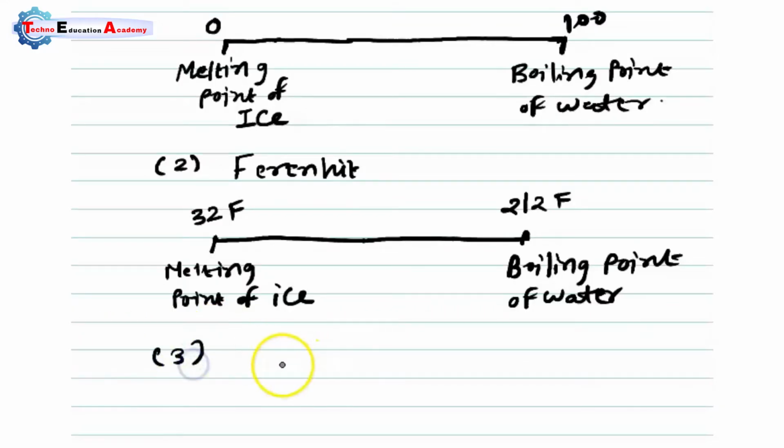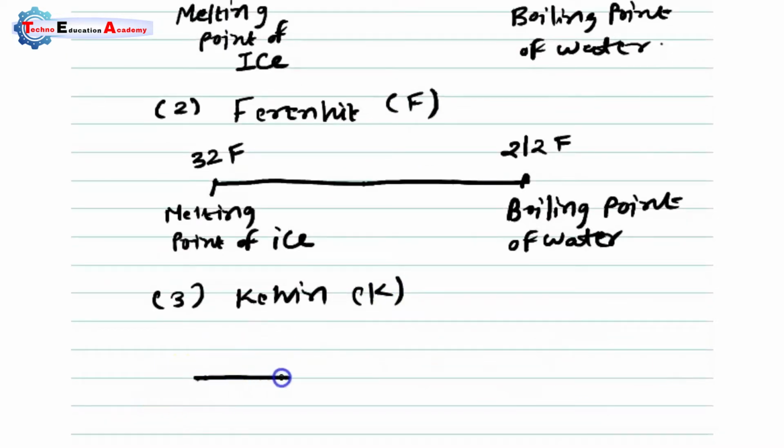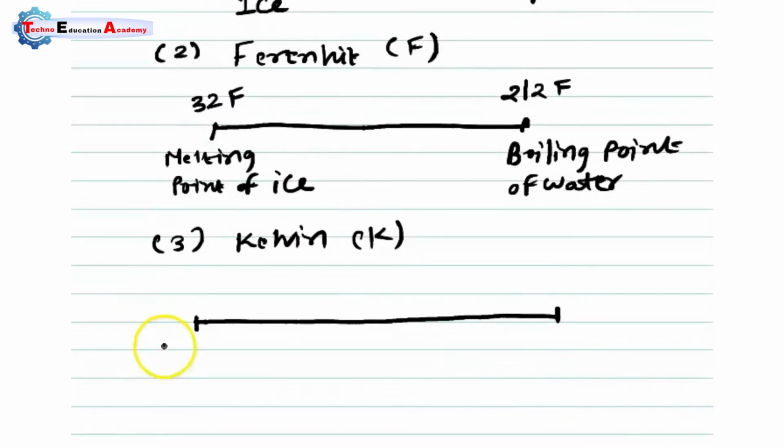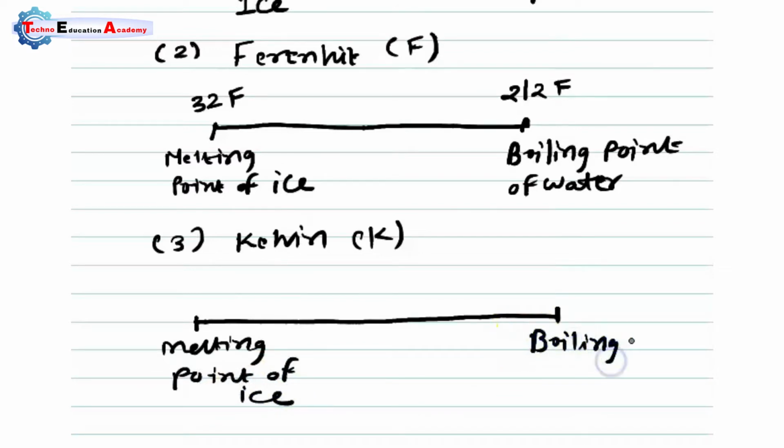And the third one is Kelvin, denoted by capital K. Same, we can draw one horizontal line. The starting point is the melting point of ice and the ending point is the boiling point of water.